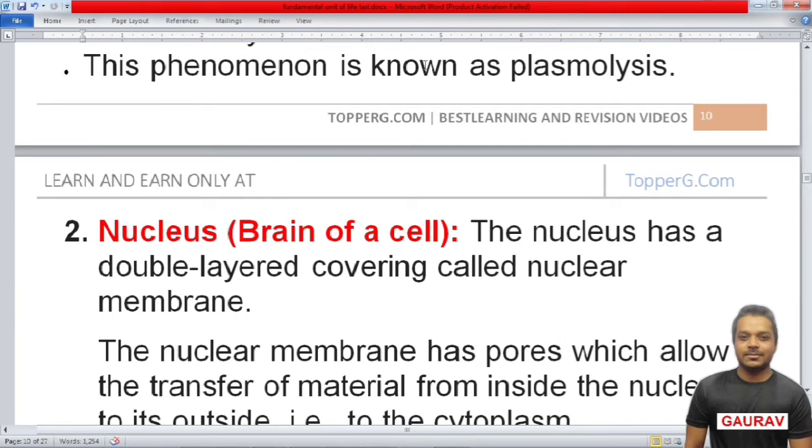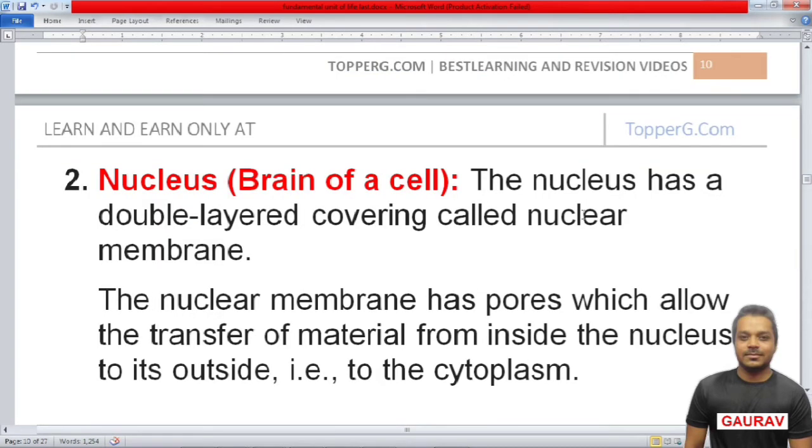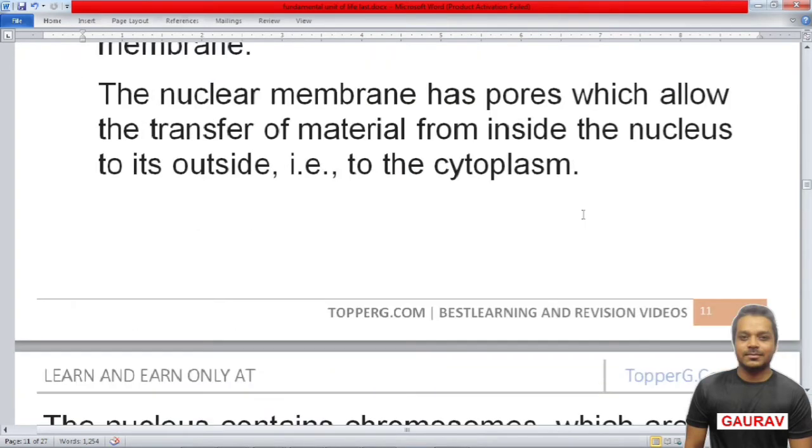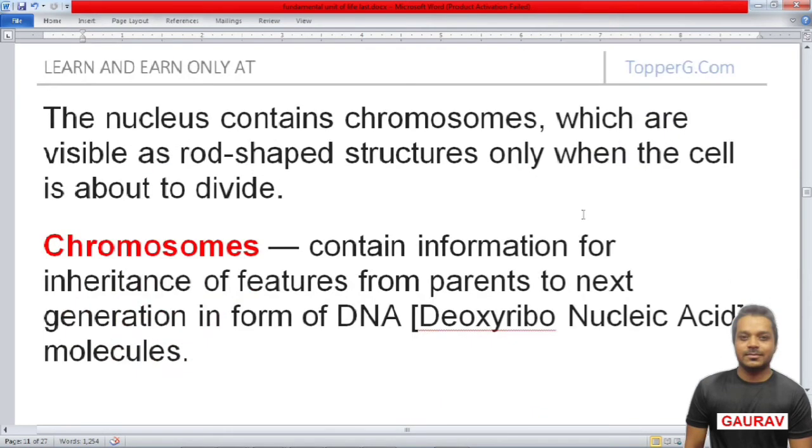Nucleus, brain of a cell. The nucleus has a double-layered covering called nuclear membrane. This nuclear membrane has pores which allow the transfer of material from inside the nucleus to its outside, that is, to the cytoplasm. The nucleus contains chromosomes which are visible as rod-shaped structures only when the cell is about to divide.